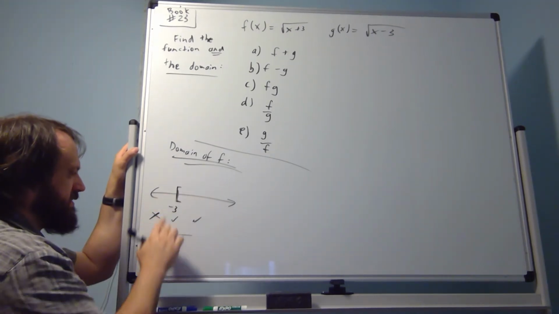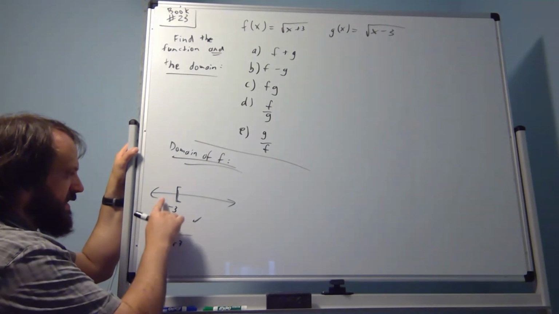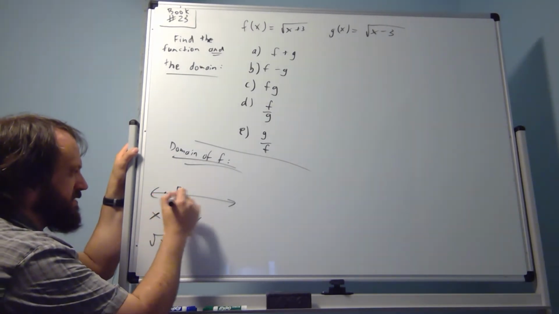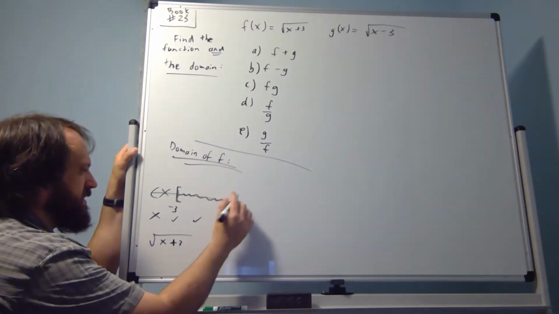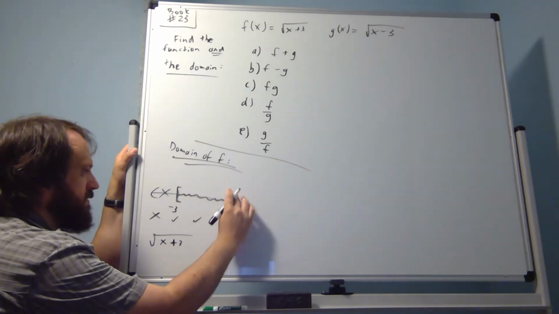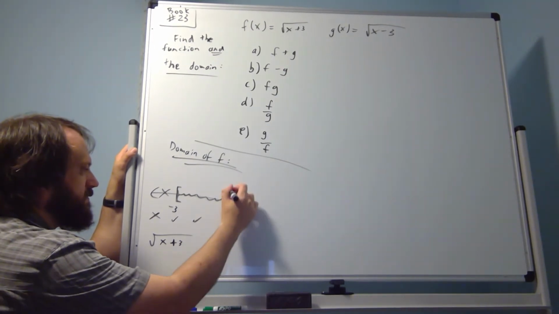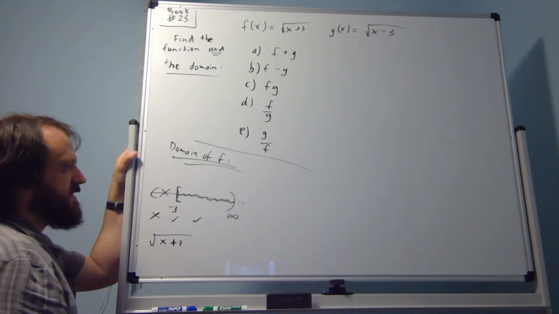We cannot take the square root of -1. If x is -4, we're taking the square root of -1, so that's not okay. So we need to understand the domain of f. We also need to understand the domain of g.